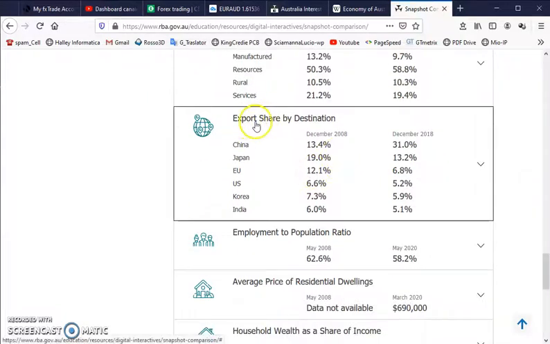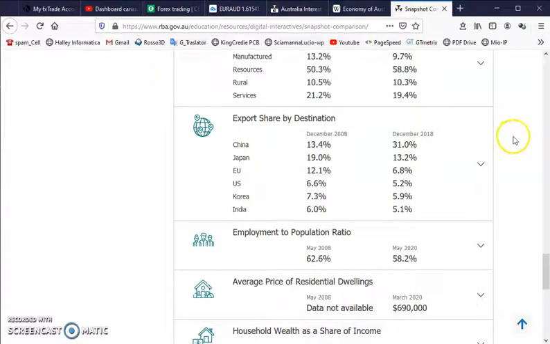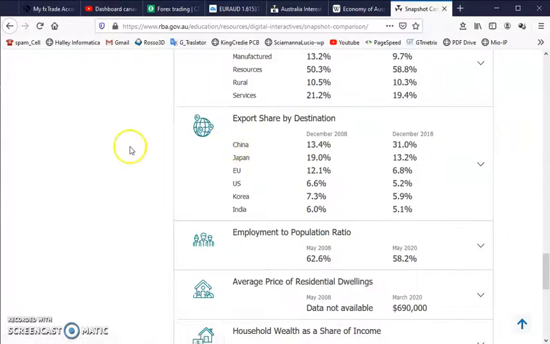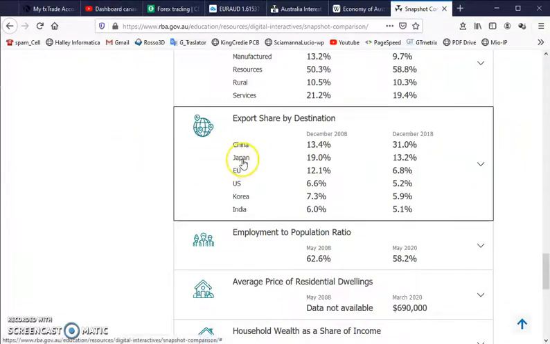We can see export share by destination for China grew from 13% to 31%. Now Australia is, I would say, the slave of China's import economics. Japan is lower, from 19 to 13.